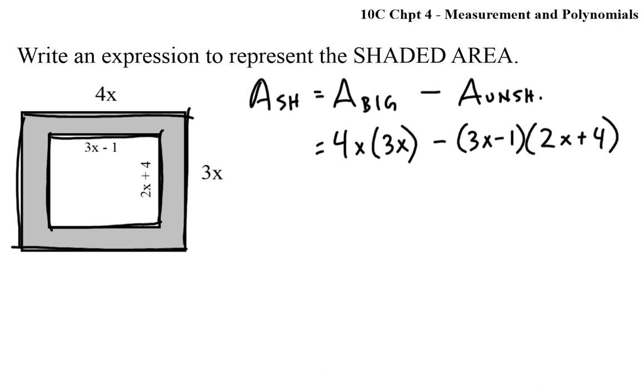Not a lot different. So do the calculations. Here it's just a monomial times a monomial and then subtraction. So that's a 12x squared.